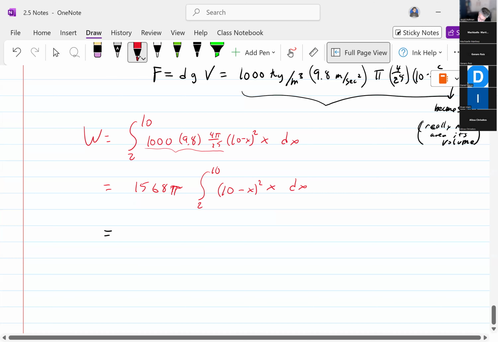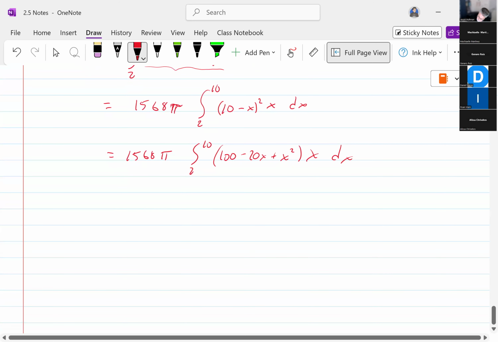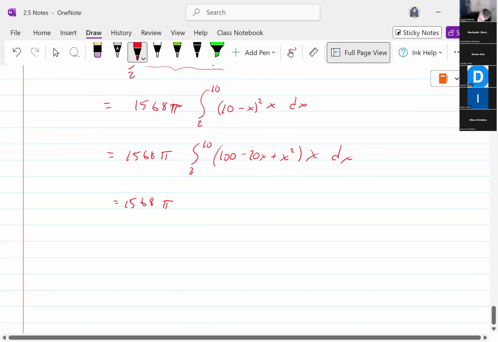This is equal to 1568 pi, integral from 2 to 10, this is going to be 100 minus 20x plus x squared, times x dx. I'm sorry, this is not 2x, this is 20x. Okay, let's distribute the x. So this becomes 1568 pi, integral from 2 to 10 of 100x minus 20x squared plus x cubed dx.